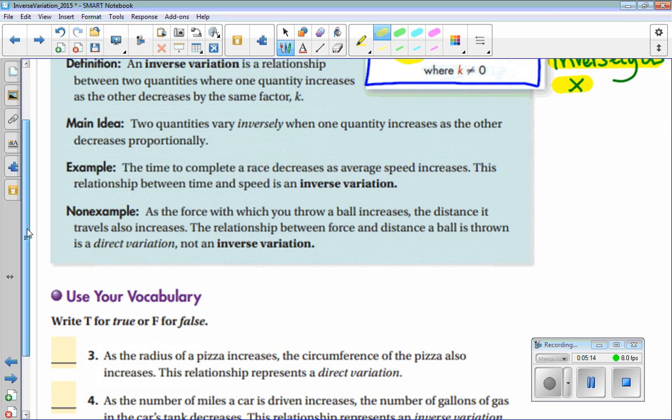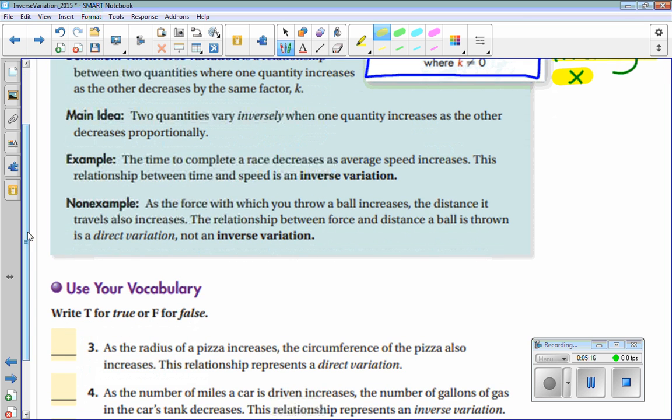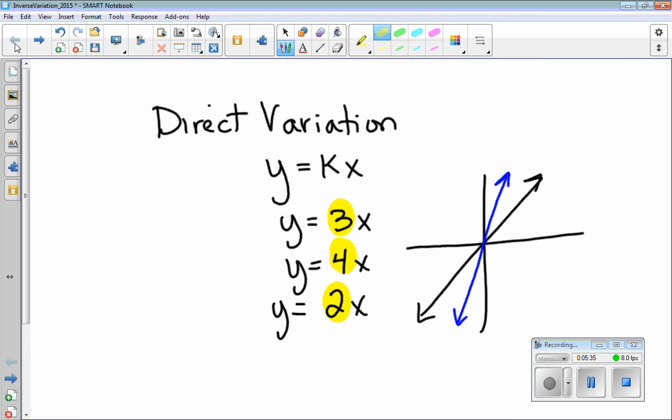So, the main idea here when we talk about an inverse variation is that two quantities, x and y, the two variables, vary inversely when one increases and the other decreases. What's going to happen when we talk about direct variation? As one increases, as x gets bigger, what's happening to y?